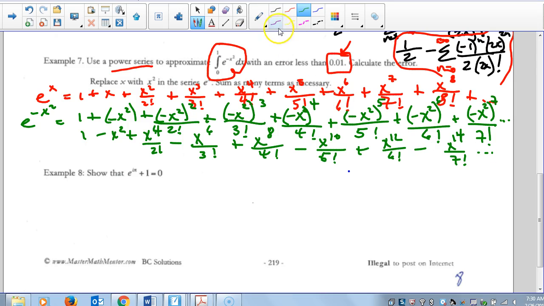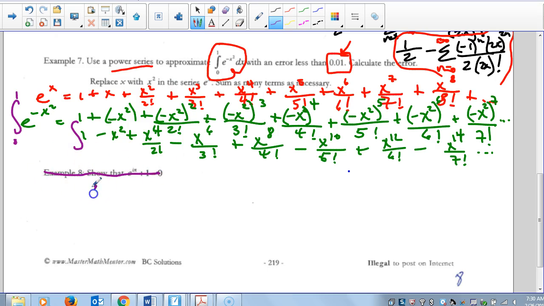But I'm integrating this. Okay, so I'm integrating this series. So don't forget what you're doing. And I'm trying to go from 0 to 1. So when I do that, I'm going to put example 8 on a different page because it's too squishy here.